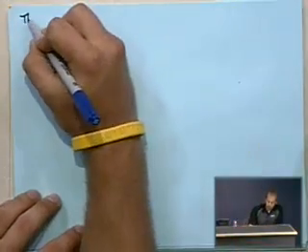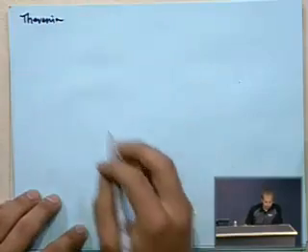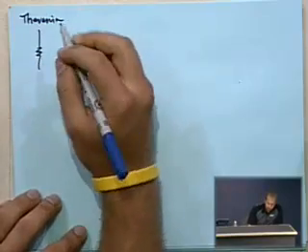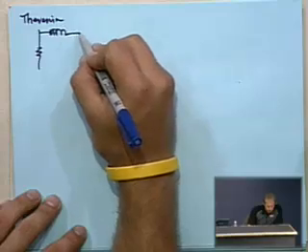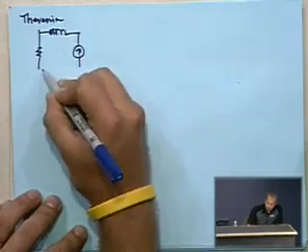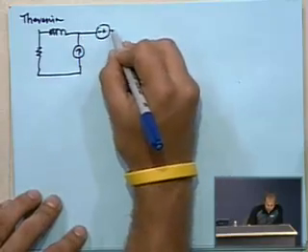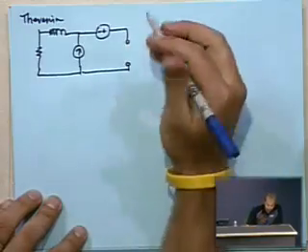Here's doing the same circuit as a Thevenin equivalent. So kind of skipping over the original drawing of the circuit. Here's removing the load resistance already.